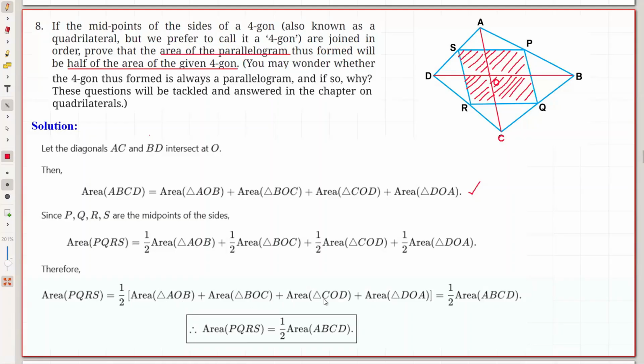Now if you add all this, it is nothing but the area of the quadrilateral ABCD. If you name this as 1, from here to here, I can write it as 1 by 2 into the area of ABCD. So that's what we have to prove.